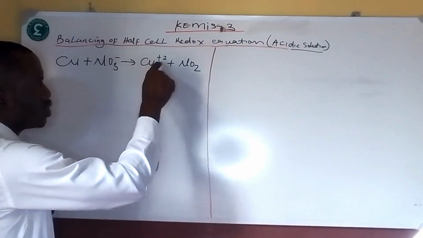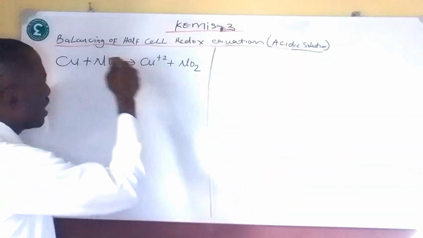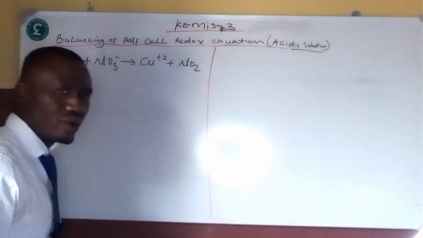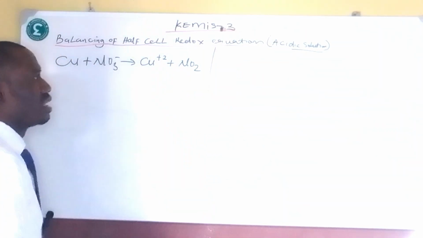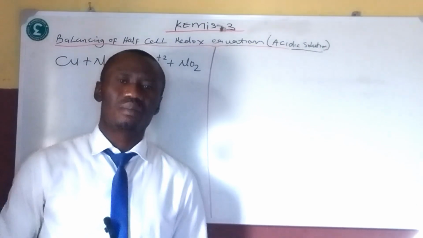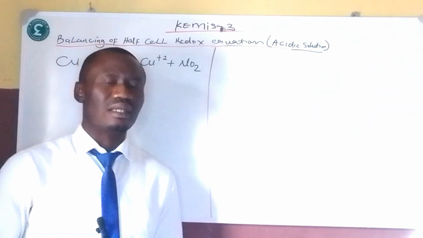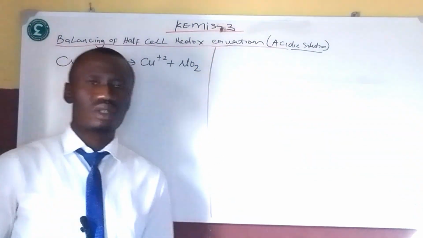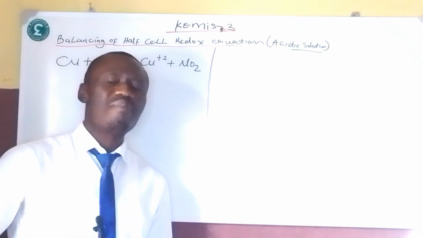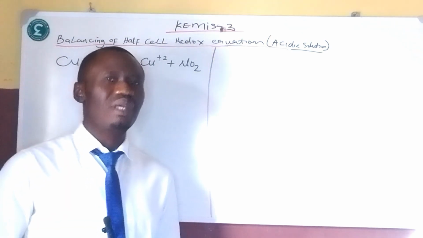And then there is a plus 2 cation at the right hand side, and there is a minus 1 anion at the left hand side, which means that the ions are not balanced. After balancing this equation, what we look for is that the elements and the ions must be balanced.